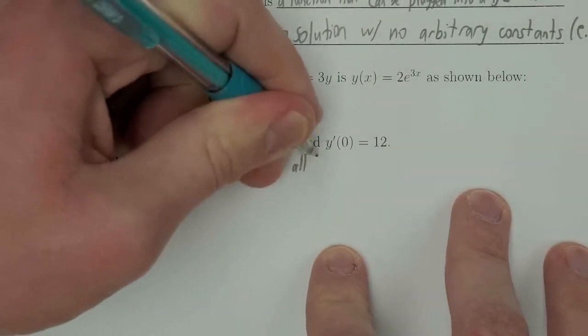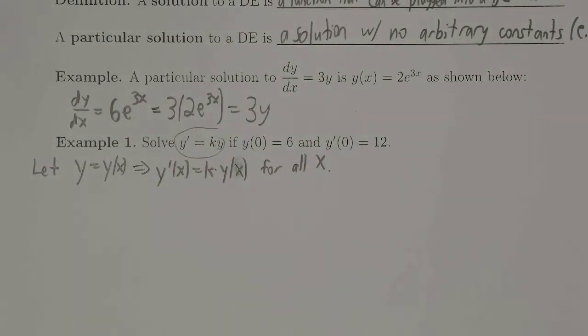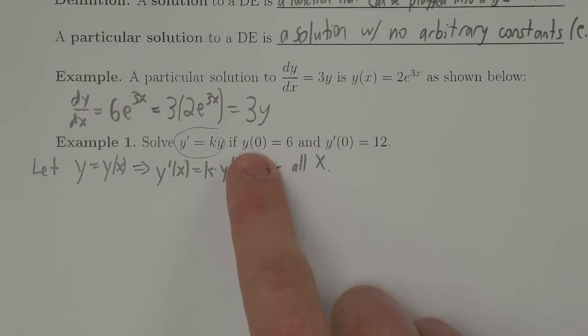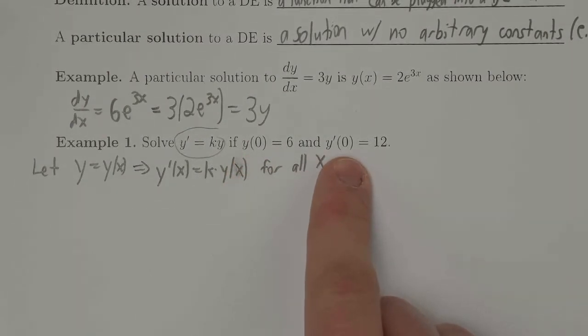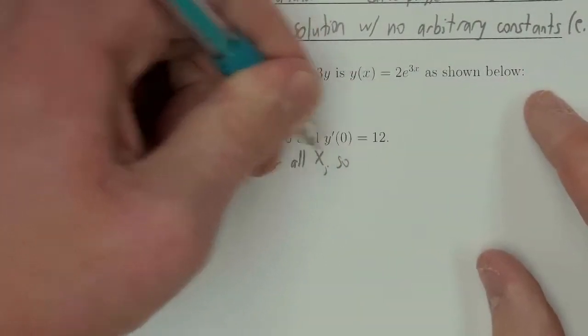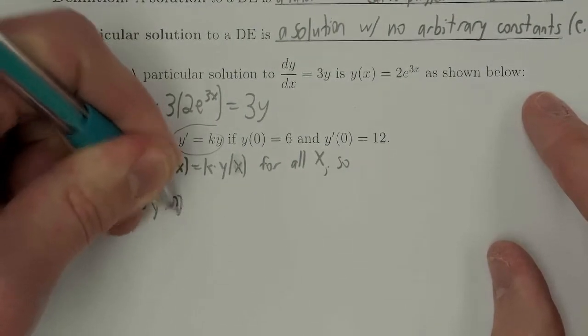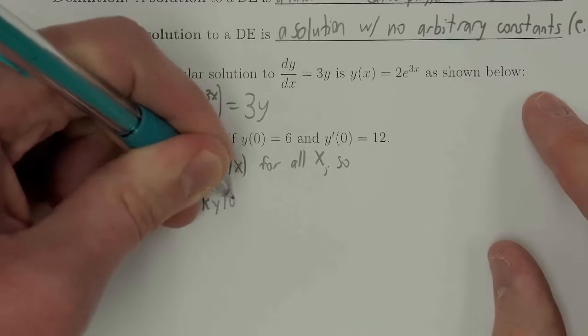for all x, right? So what you notice is that, oh wait a minute, I have y of 0 and y prime of 0. I could actually use this to figure out what k is, right? So how would I do that here? In this case, we let x equal 0, we have y prime of 0 equals k times y of 0.